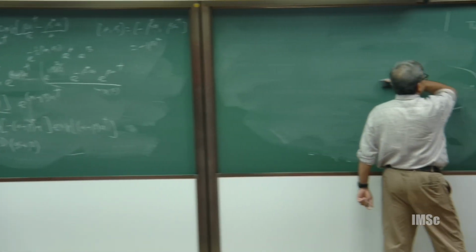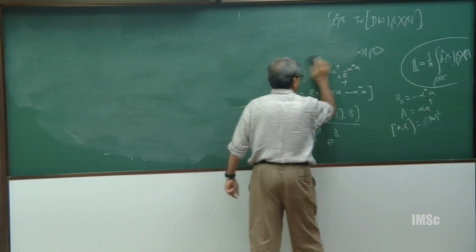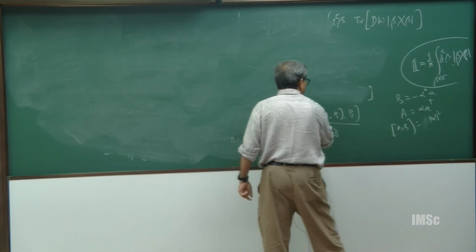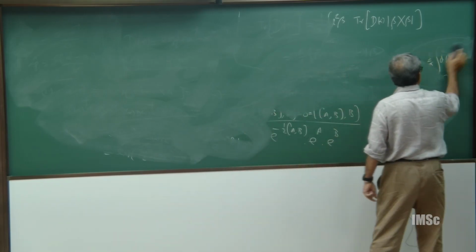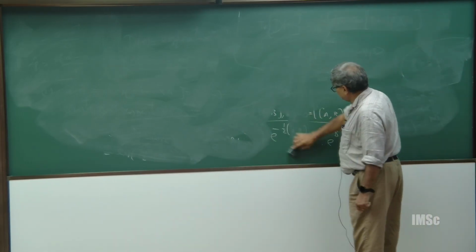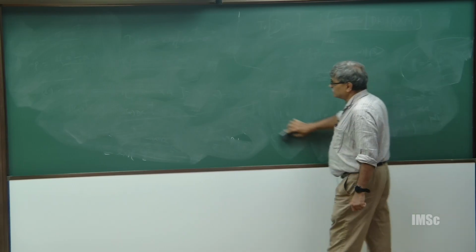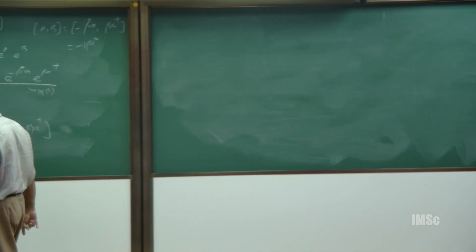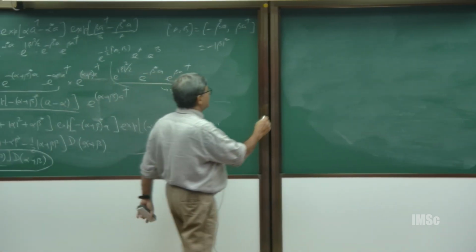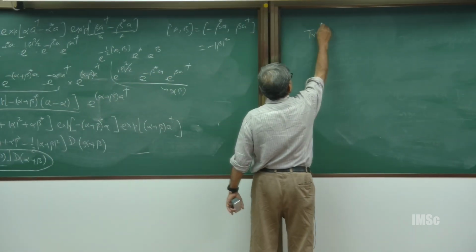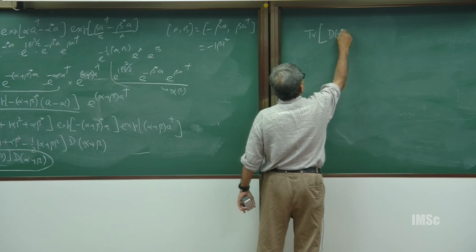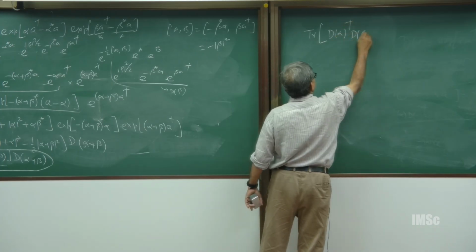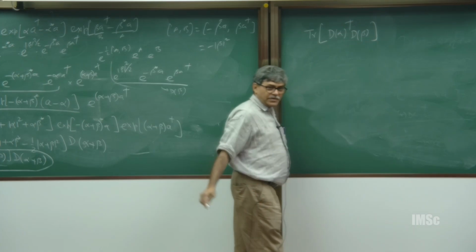So now, let me use this now. So you see that. So basically, let me look once again at this thing: D of alpha dagger, D of beta, trace of this thing.